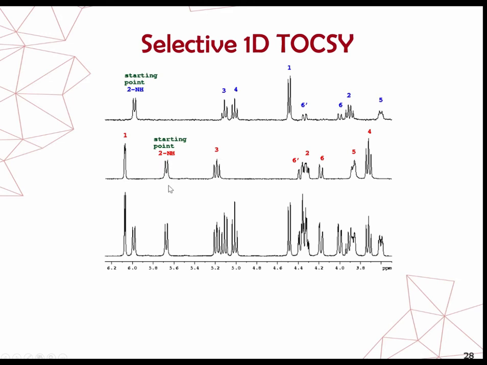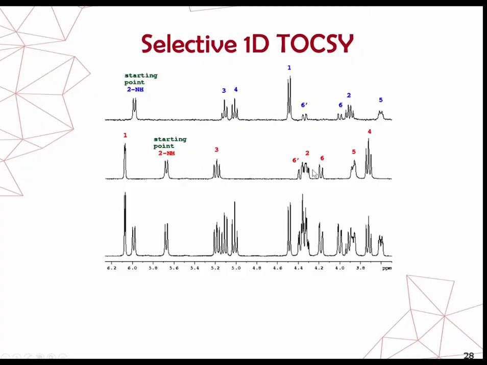It was selectively excited, this one. And with the selective TOCSY, we get the signals of only this spin system. And on the other spectrum, we started from here and we get the signals from the other spin system.